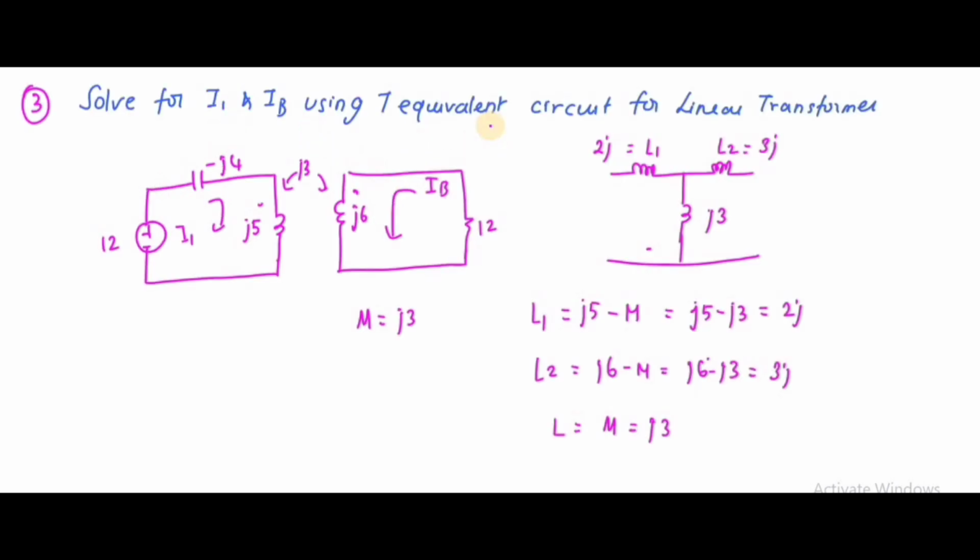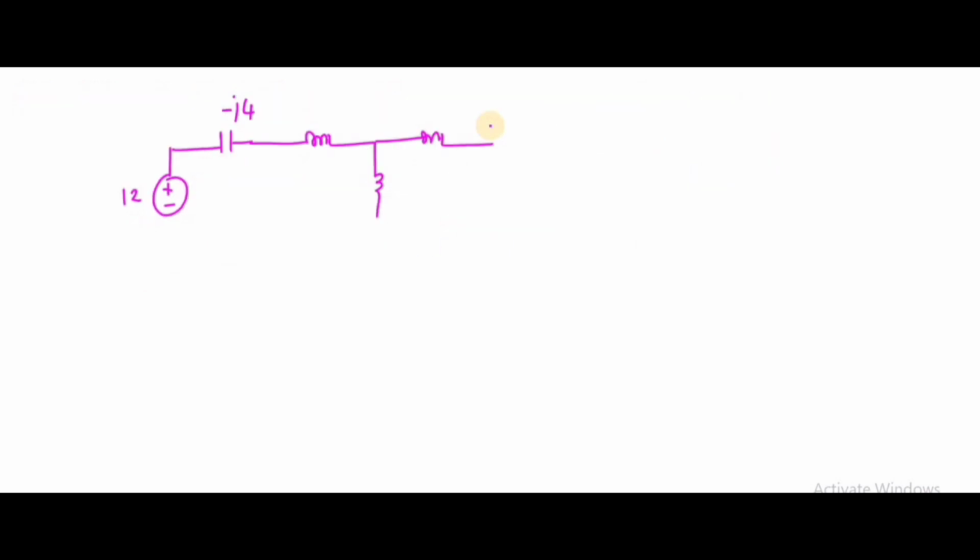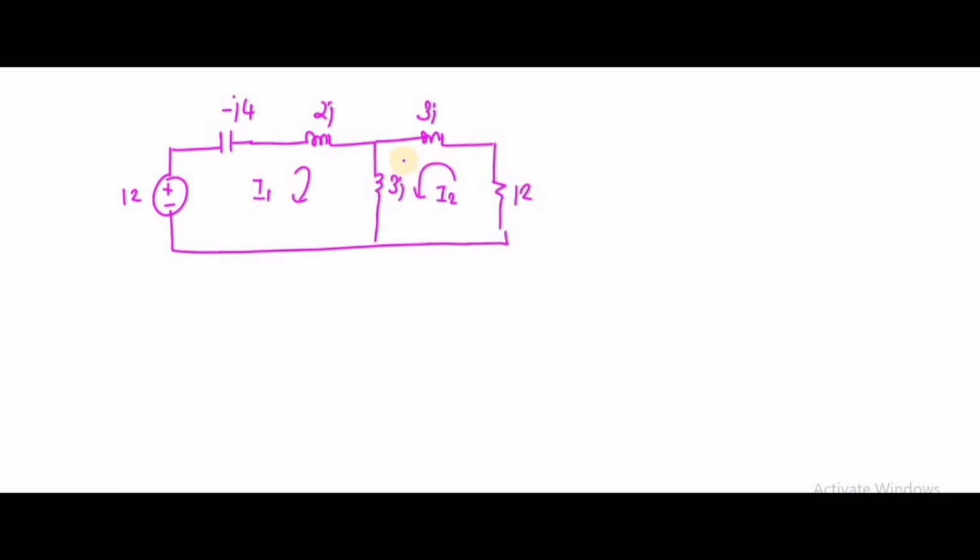Okay, this is 2J, 3J, 3J, and this one is 12. So this is your I1 and this is your I2. Okay, so this current is I1 plus I2.